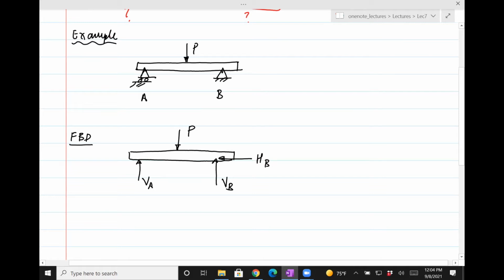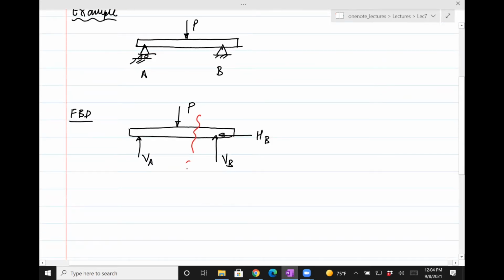Now, as I said, we are trying to get to stresses, and the way we get to stresses is through shear forces and bending moments. So what we're interested in is perhaps the design of this beam, and we want to find what's going on at a cross section of the beam.